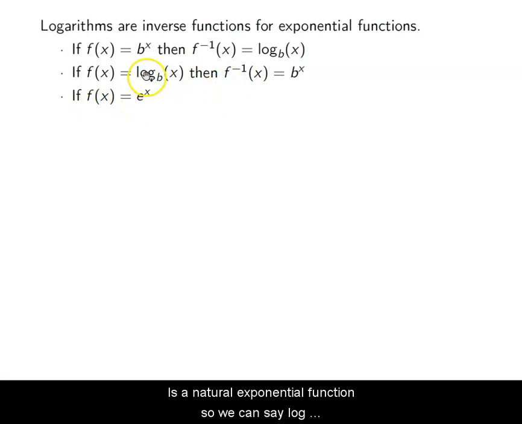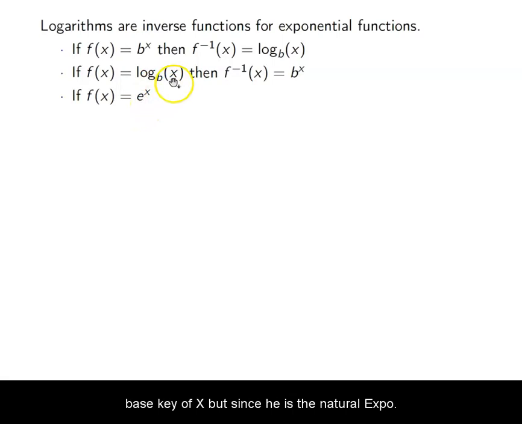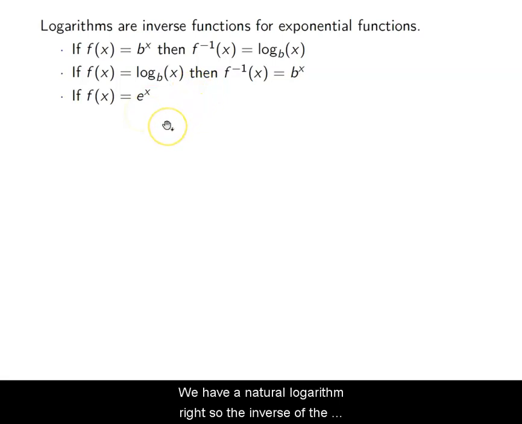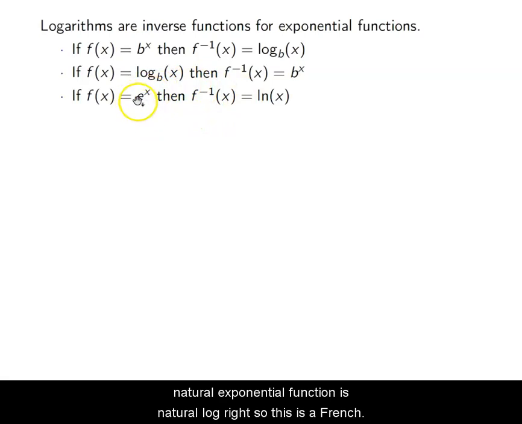So here we can say log base e of x, but since e is the natural exponent, we have a natural logarithm. The inverse of the natural exponential function is the natural log.